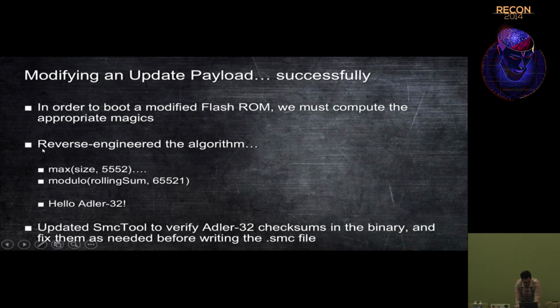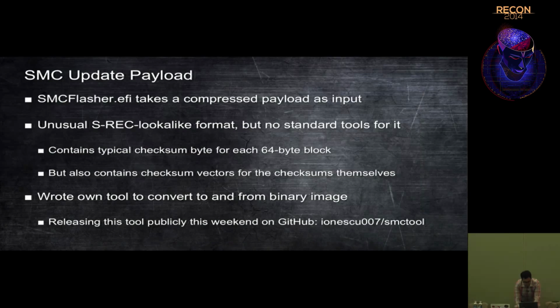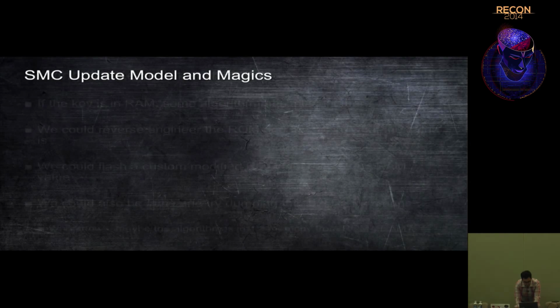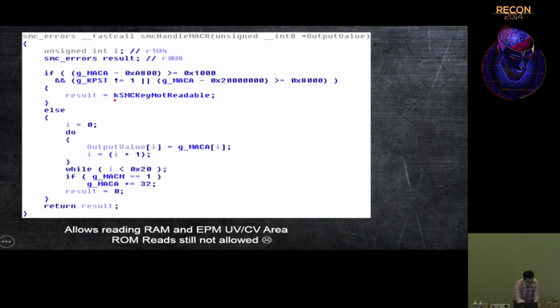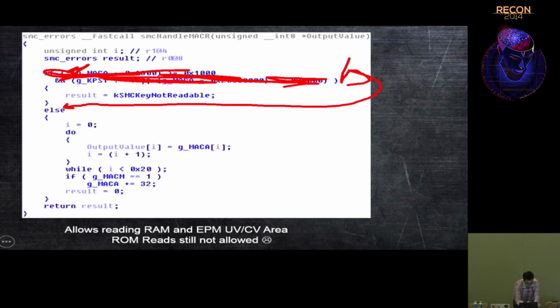In other words, going back to the MACA slide here, where I had the actual C code for this, what it's basically doing is taking this if and just making it into, so that's a branch if equal, branch not equals. So this is making it a branch directly into the else. So it's a simple one-line change in the IDA file, and then you can dump any region of the chip you want.